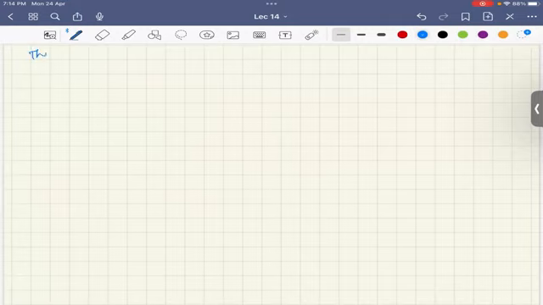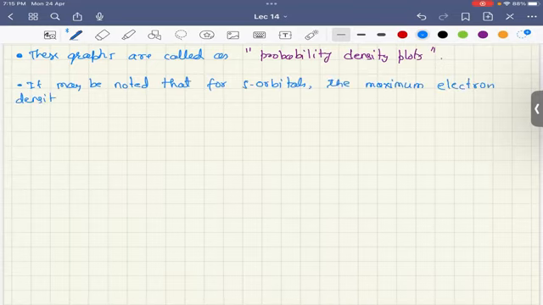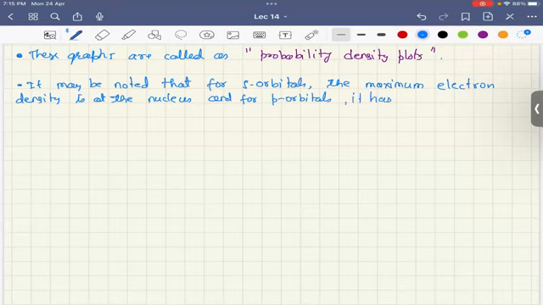So these graphs are called probability density graphs. It may be noted that for s orbitals, maximum electron density is at the nucleus, and for p orbitals, it has zero electron density at the nucleus.